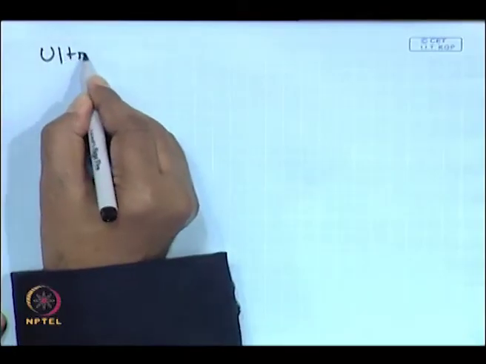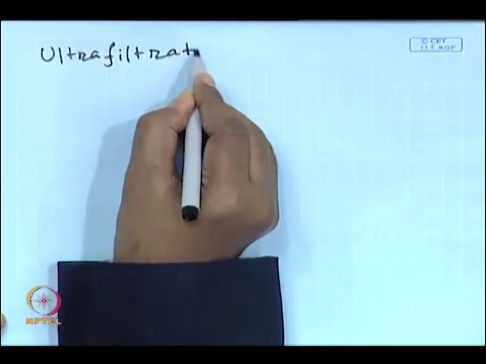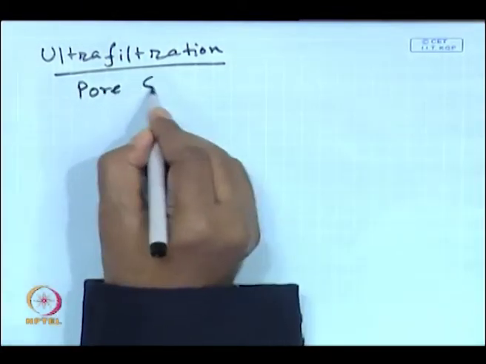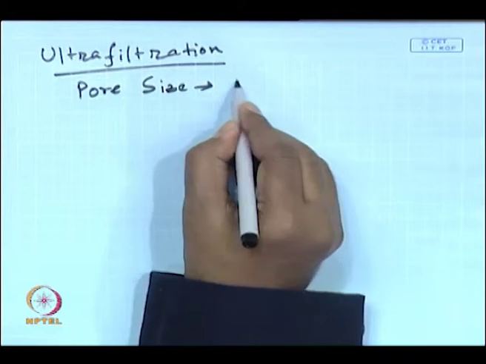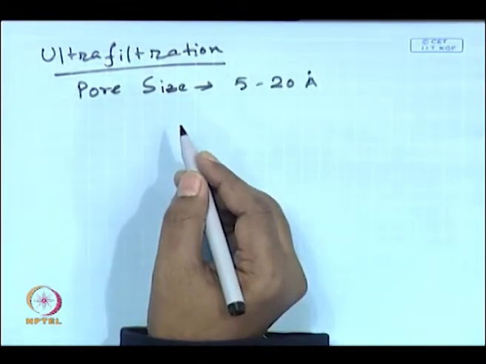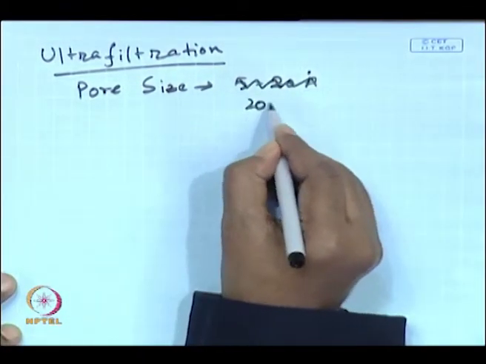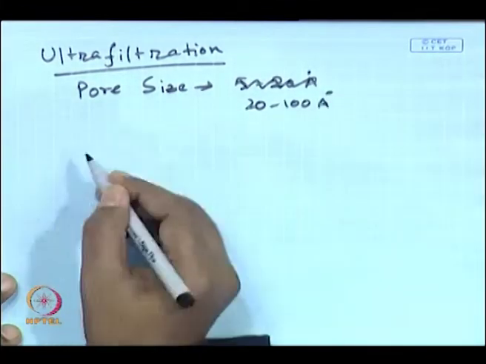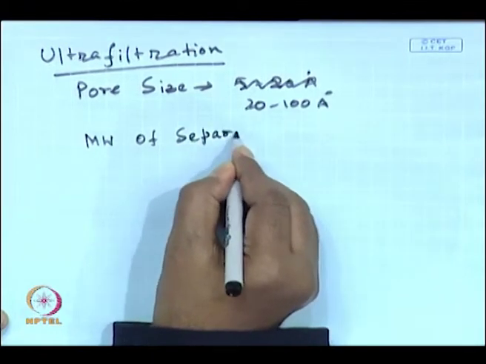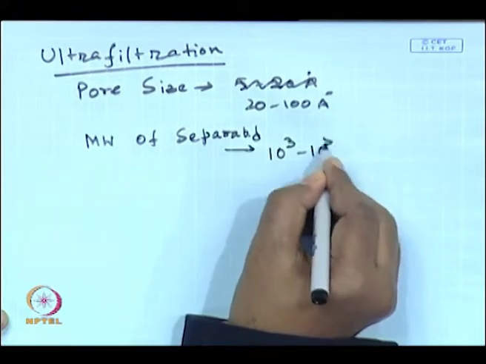The most important and most utilized process is ultrafiltration. Here, the pore sizes are larger than the nanofiltration membrane. No, 5 to 20 angstrom was nanofiltration, so it will be 20 to 100 angstrom. The molecular weight of solutes that are separated will be in the range of 1000 to 10 to the 5, 1 lakh.